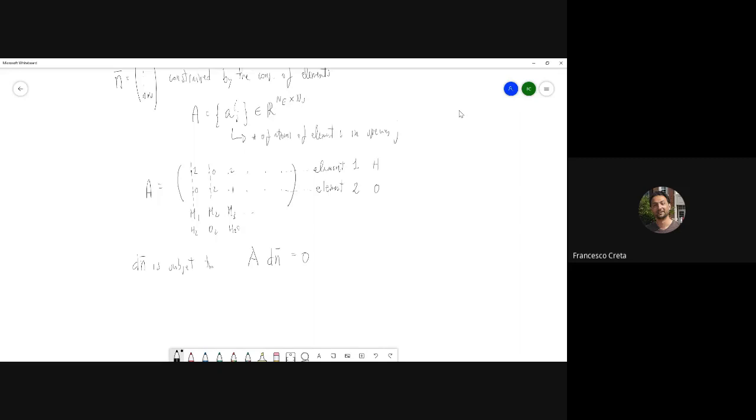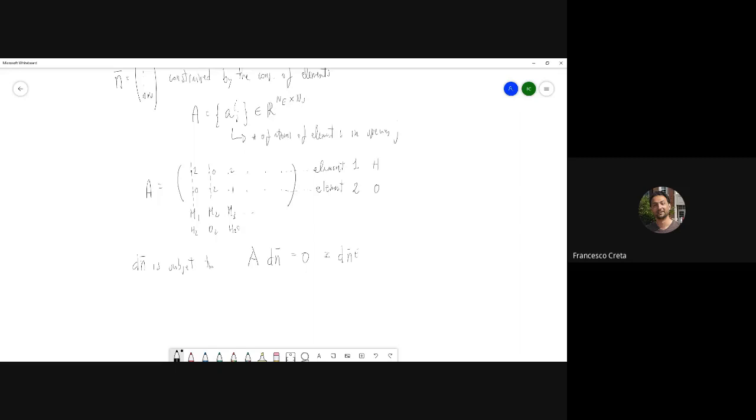Because A applied to the variation of number of moles will give me the variation of the elemental species, if you remember, which by definition must be equal to 0 because it does not have to vary ever. So when you apply matrix A to a vector of number of moles, so a composition vector, you get the number of moles of elements. So in differential terms, these must not change, and therefore A dn must be equal to 0.